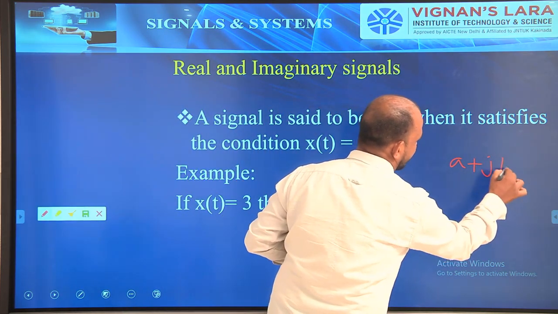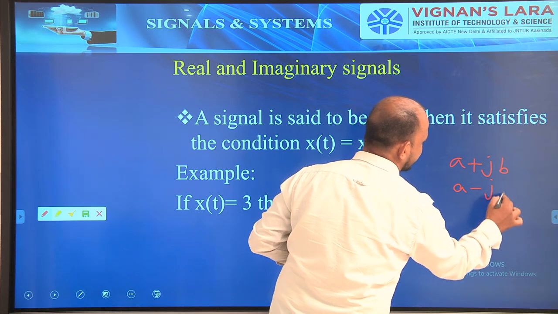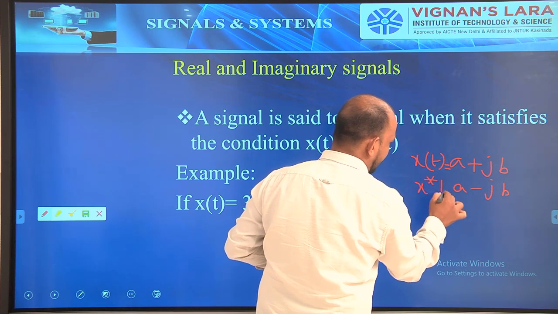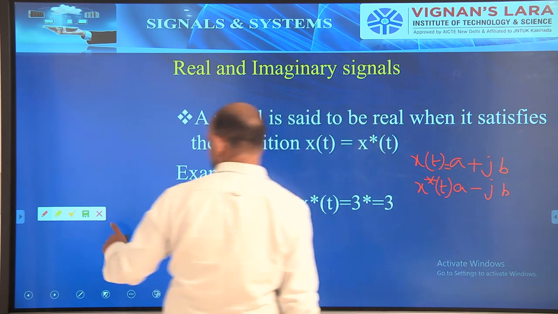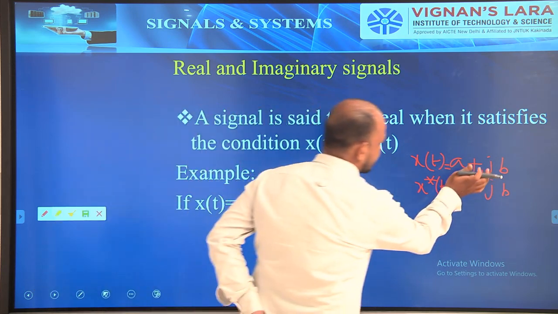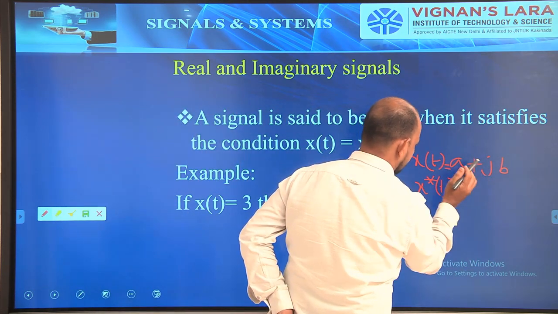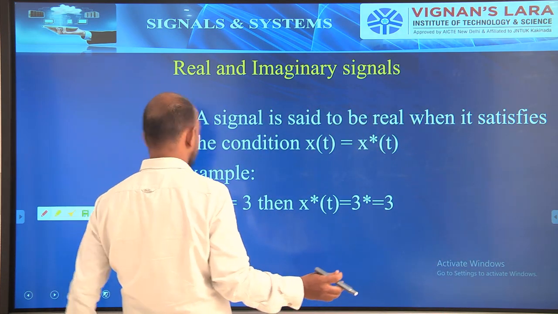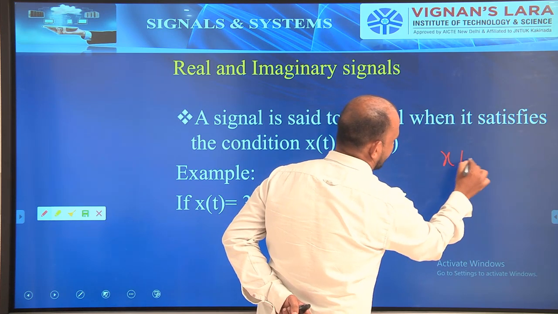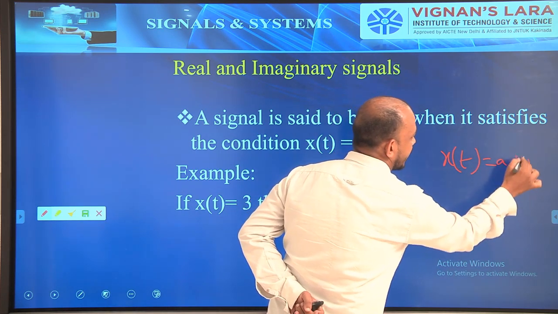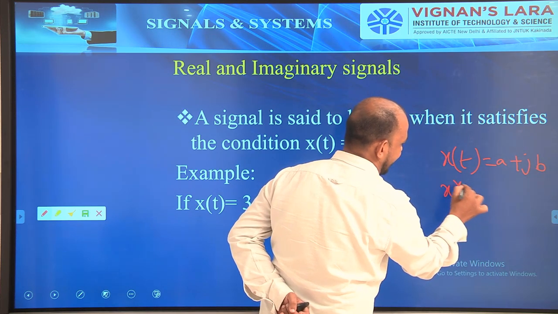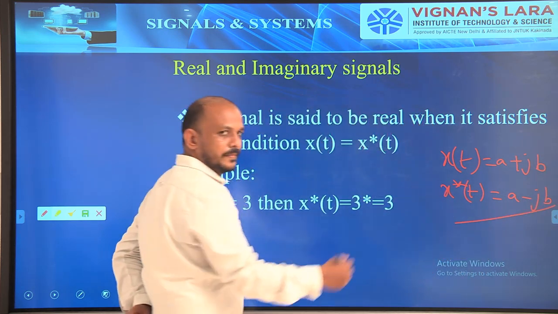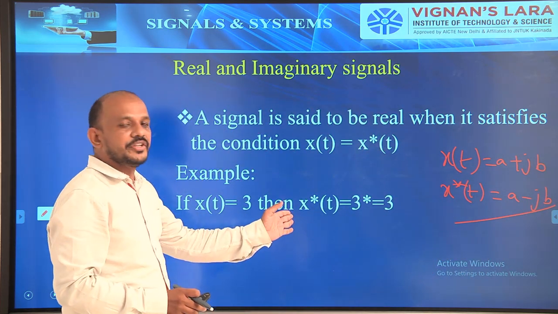So if x of t equal to a plus jb, then x star of t equal to a minus jb. You all know this, conjugates. So the concept is used here.